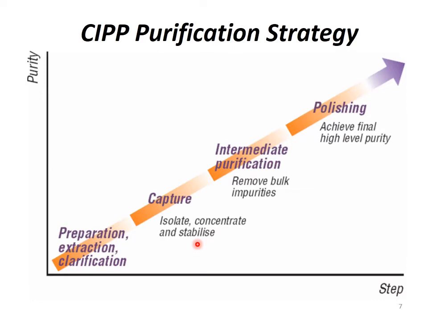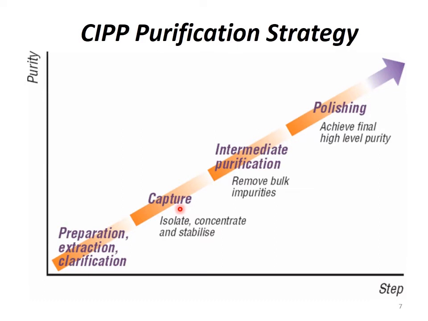Sometimes some proteins need cofactors or additional substances for their stability. So the idea for the initial step of purification is to isolate the protein and to stabilize it.